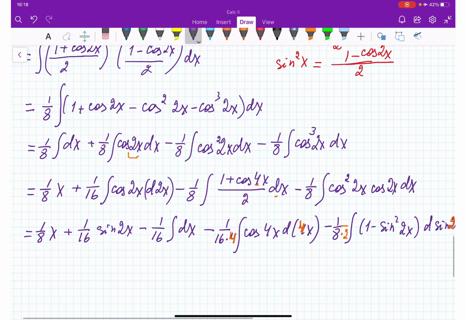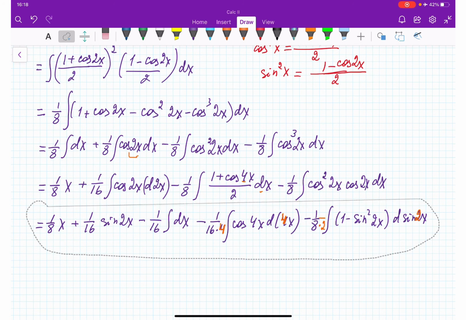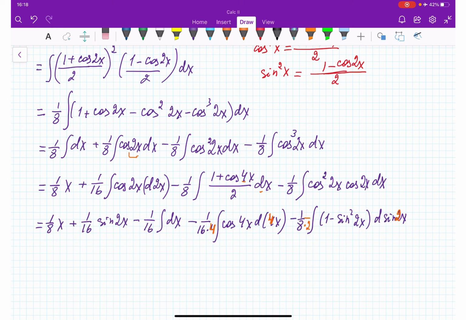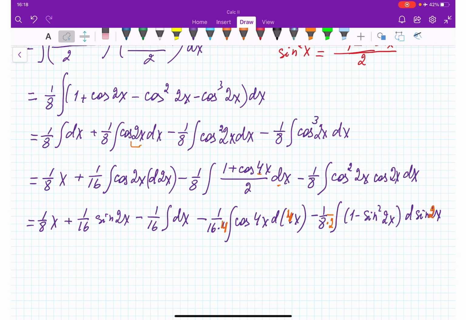And we are getting, let me fit this. Okay, much better. And we are getting 1 over 8x plus 1 over 16 sine 2x minus 1 over 16 x minus 1 over 64 sine 4x.